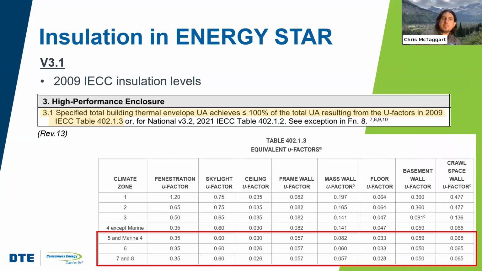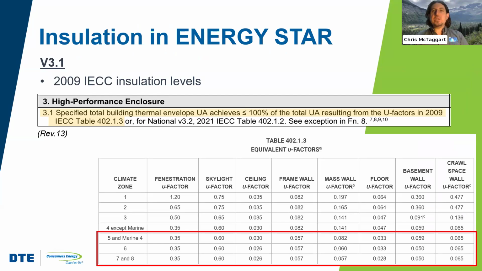For version 3.1, the insulation levels have to be equivalent to those from the 2009 IECC. And so you have to have basically a decent building enclosure that meets at least the 2009 IECC levels in order to participate in Energy Star version 3.1.